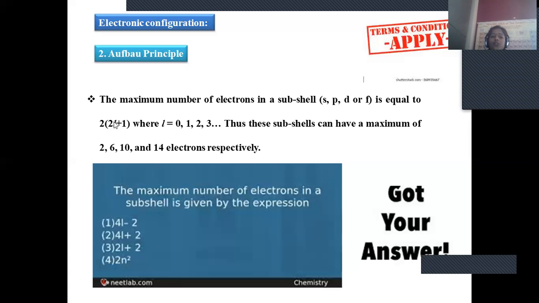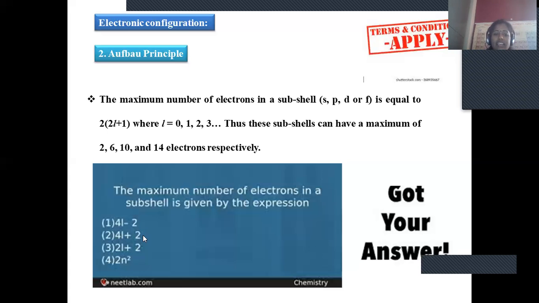The formula will be 2 into (2l plus 1). A question may be given in such a manner: the maximum number of electrons in the subshell is given by the expression. So here what we mentioned, 2 into (2l plus 1). But if the formula 2 into (2l plus 1) is not given in the options, then how can we answer? This is a tricky question. We have to expand: 2 into 2l is 4l, plus 2 into 1 is 2. So 4l plus 2, which is available in the second option, right?